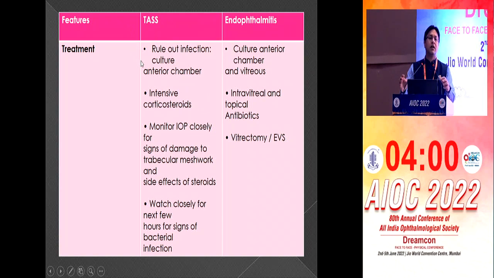Never say that it looks like TAS, so I will not go for that. Until you rule out infection by culture sensitivity or whatever method, always, as Dr. Mathur sir suggests, if there is a doubt, have a fear, since endophthalmitis is more dangerous, think of the more dangerous thing, but you can monitor closely.